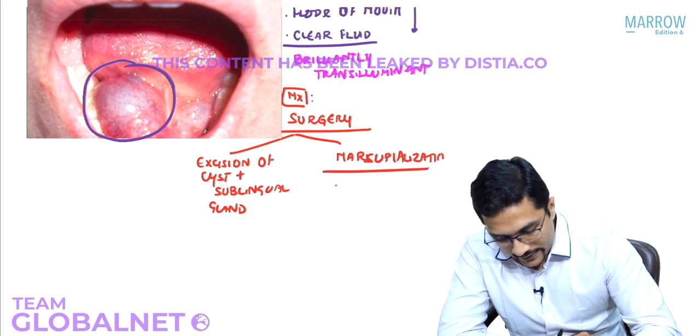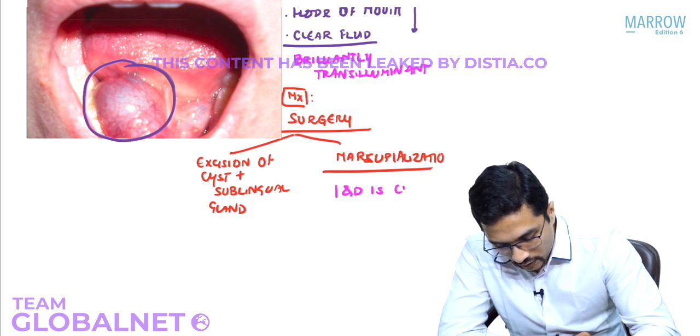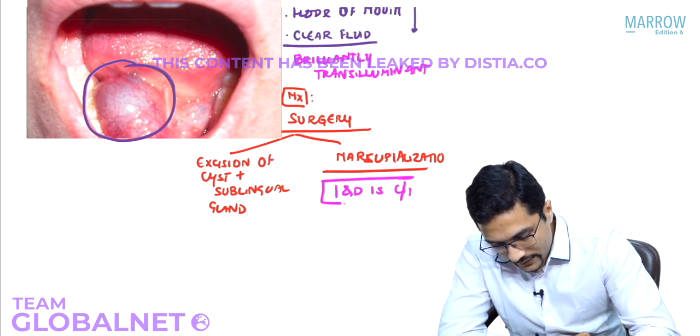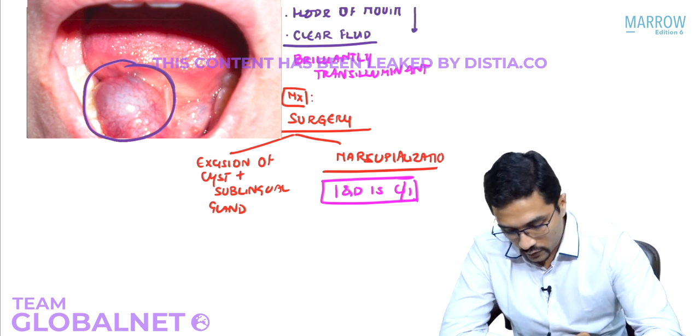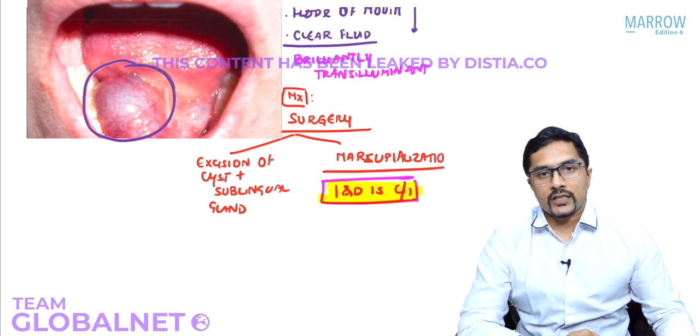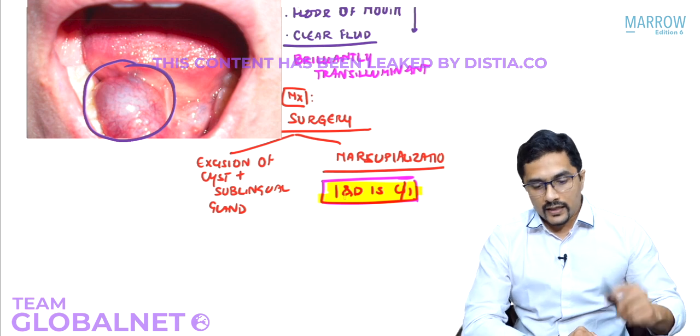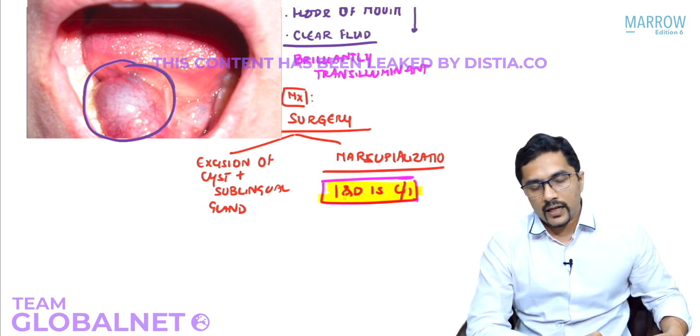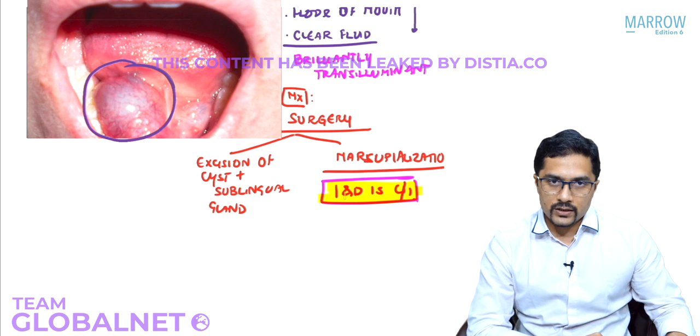Please remember that incision and drainage is contraindicated. This is very important for you to understand. Incision and drainage is not done for a ranula. We can either do excision of cyst plus sublingual gland or marsupialization.